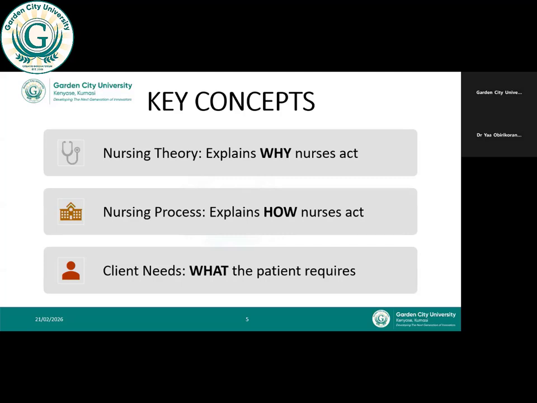Because when I'm attending to my patients, I know my patients have self-care needs. If she's not able to meet those self-care needs, she has deficits. So whatever I'm doing, the nursing theory is what is explaining why I am doing what I am doing.